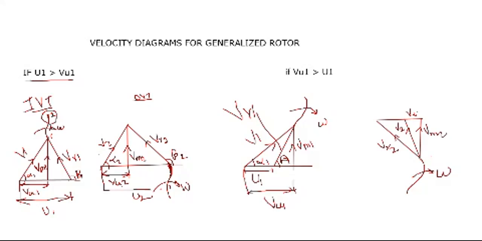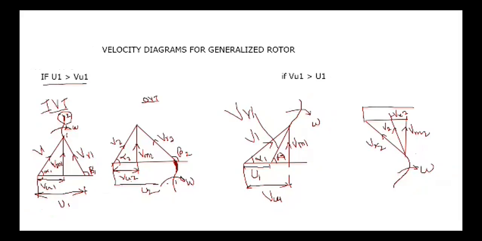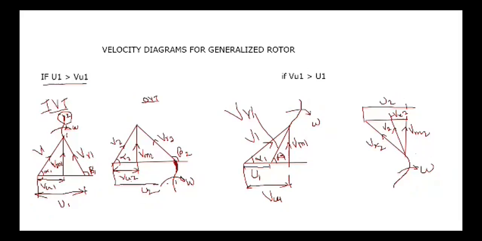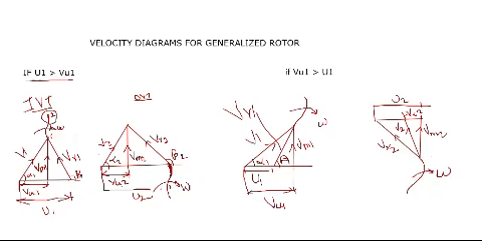This is VU2 up to this, and this is U2, and this figure you can also draw like this. In another fashion also you can draw. I will reverse it. This is VR2 like this, VR2 the same thing, and parallelly I will draw here. This is the point. Consider this.